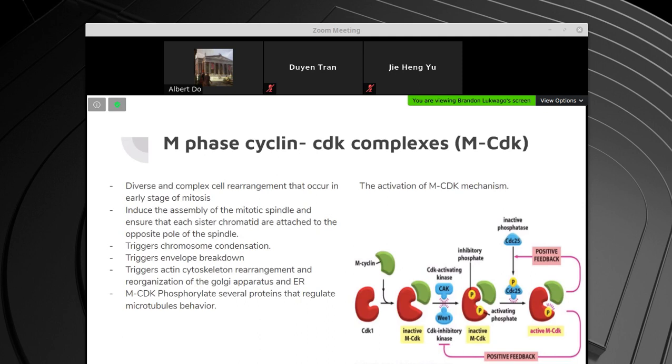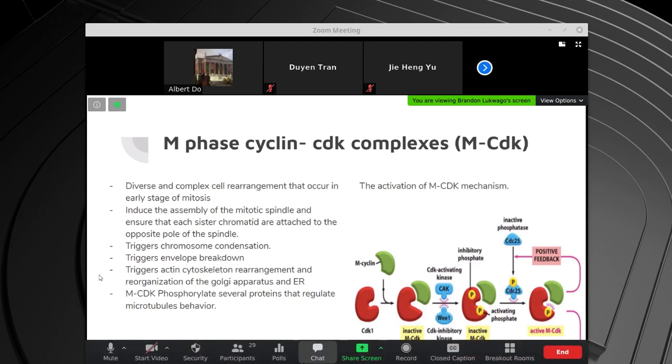It also triggers actin cytoskeleton rearrangement and reorganization of the Golgi and the ER. Finally, M-CDK phosphorylates several proteins that regulate microtubule behavior.